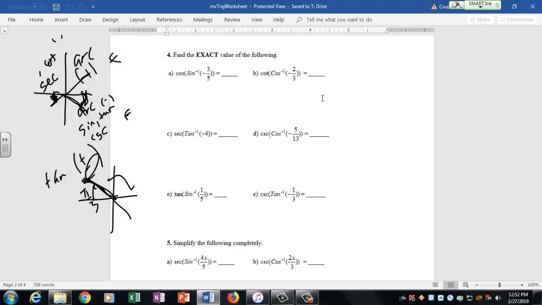Arc sine, negative 3/5. That's quadrant what? If arc sine is negative 3/5, that's quadrant 4, yes? Quadrant 4.